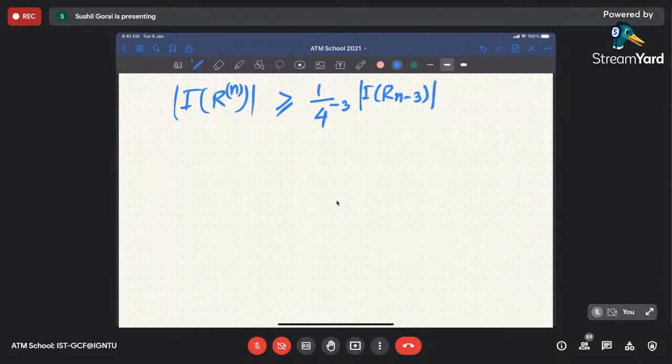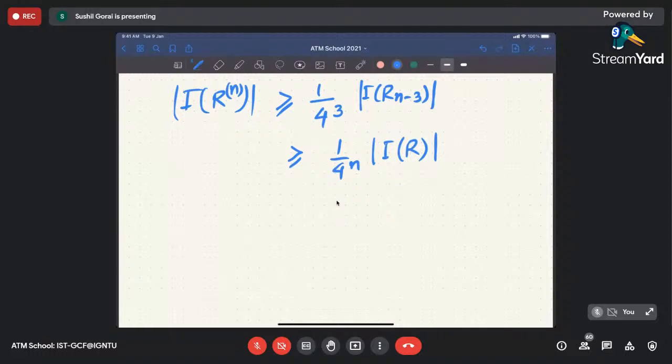So this is actually greater or equal to 1/4 to the power n, 4 to the power n, I R. All right.